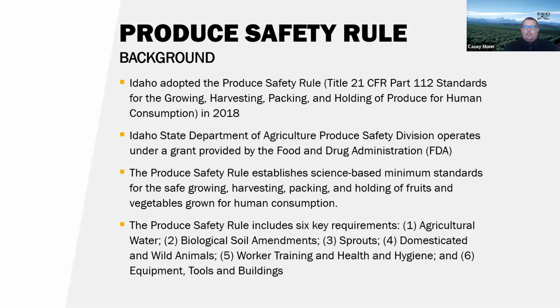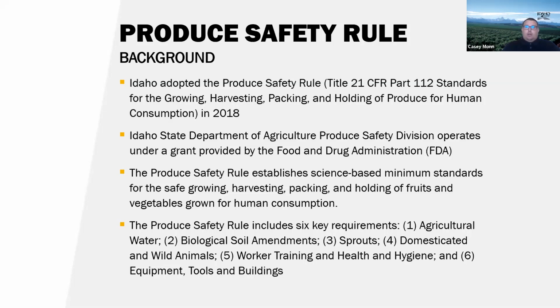The University of Idaho is our educational outreach and technical expert partner, working with us on that grant, providing education and outreach for farms or for anybody that may one day be covered, or who is just curious or wants to obtain additional information about the Produce Safety Rule.